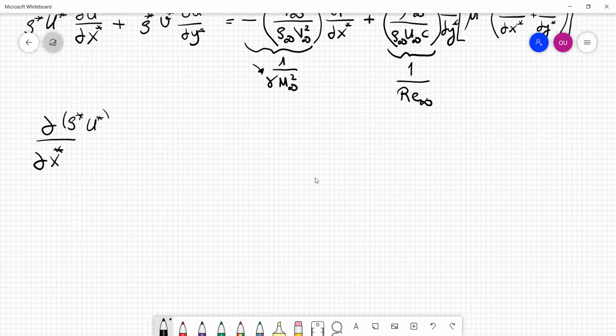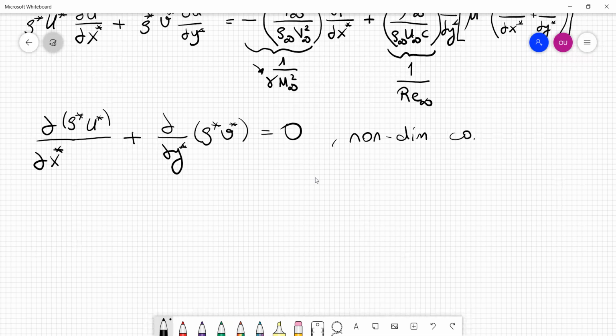Rho can change, it is within the parentheses. So d(rho star u star)/d x star plus d/d y star of rho star v star must be equal to 0. So this is the non-dimensional continuity equation.